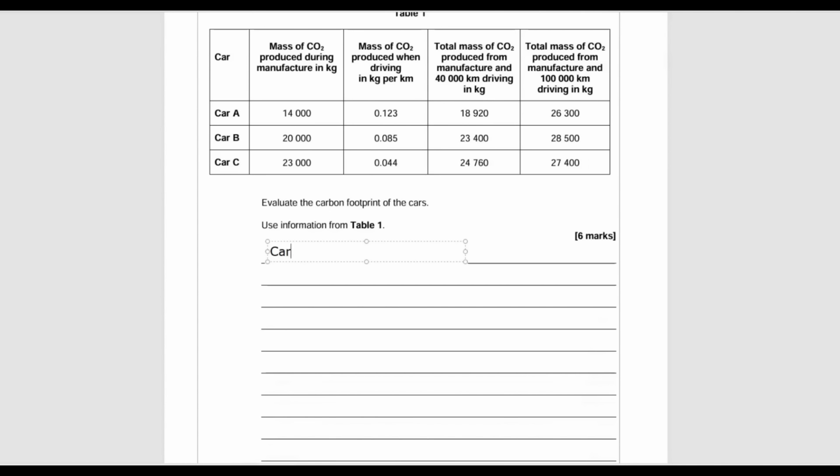So we just want to say that car C during manufacture produces the most CO2 in kilograms. So that's a good thing to say.